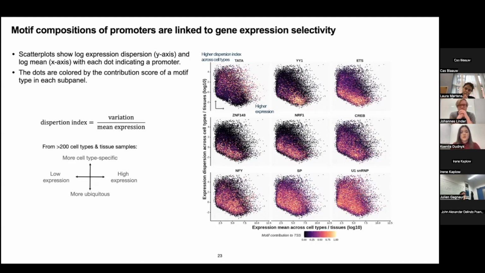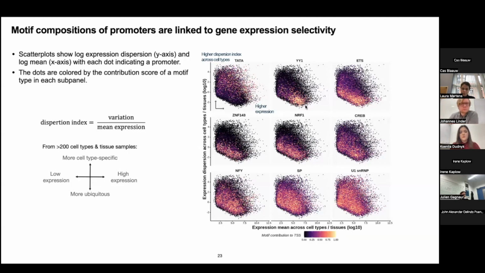So those promoters that are tissue specific would be on the top, and those that are more ubiquitous would be on the bottom. And when we plotted this for all motifs, we can see two very distinct motifs, TATA and YY1. TATA promoters are very tissue specific and highly expressed, so they're located here.